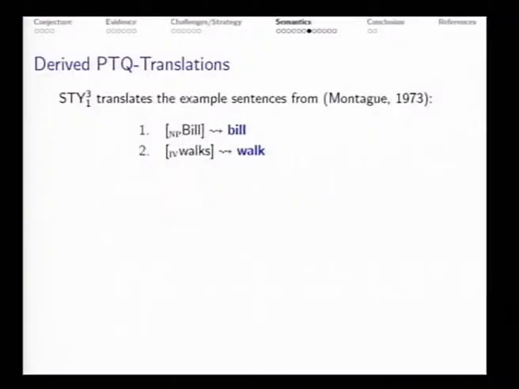To see that the translations do the job they're supposed to do, I'm next going to translate a couple of example sentences from Montague's PTQ paper, and I'm going to start by translating the very simple sentence, Bill walks. Now we've already seen on the previous slide that the base rule of type-driven translation will translate Bill as the propositional constant Bill, and will also translate the intransitive verb walks as the type ST constant walks.